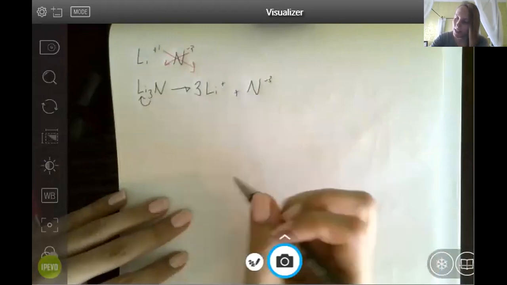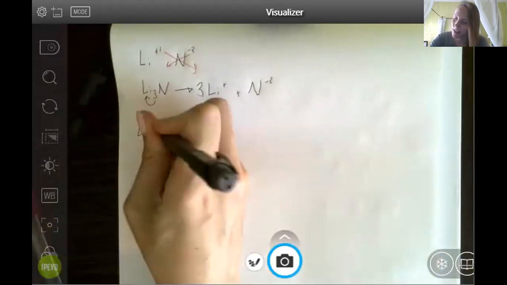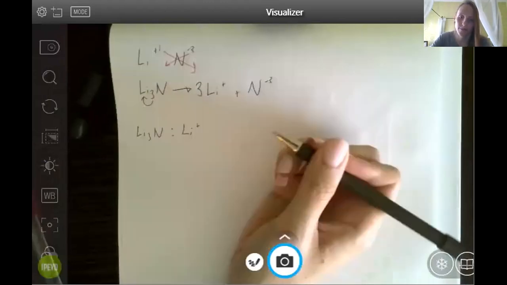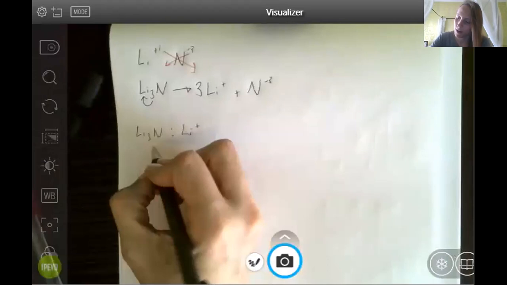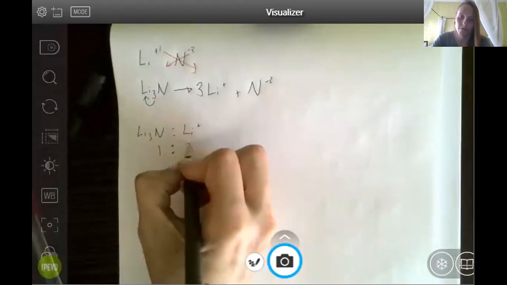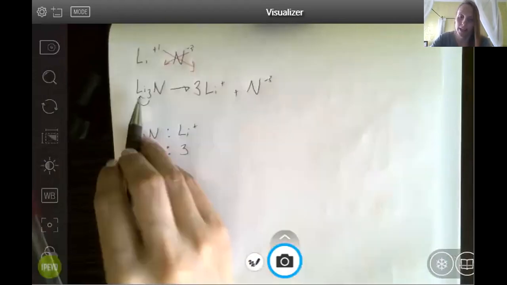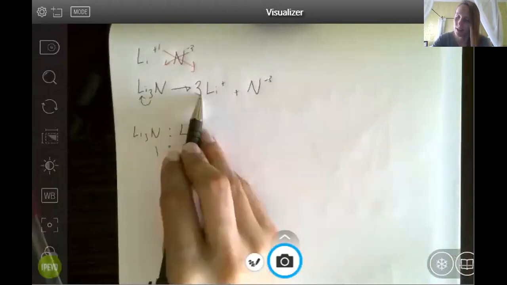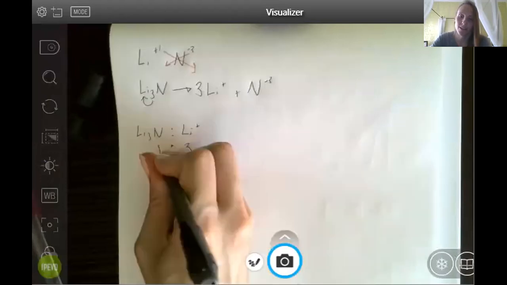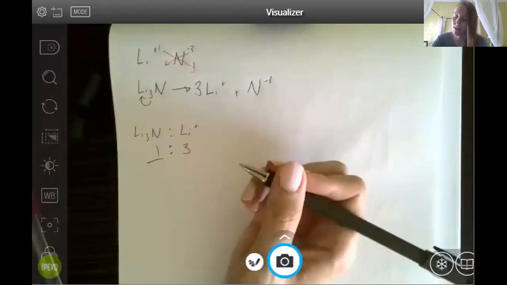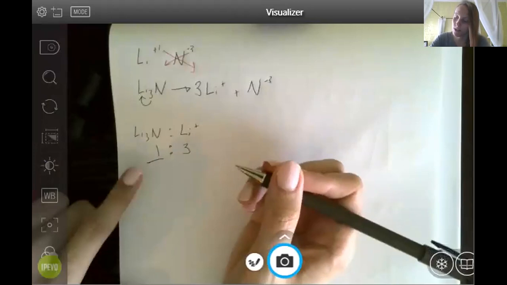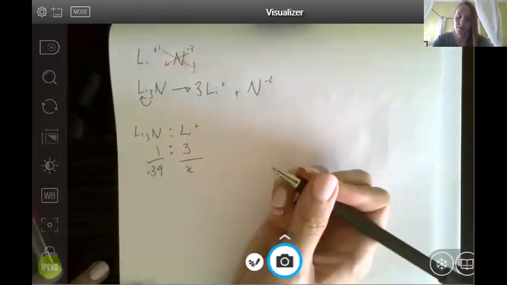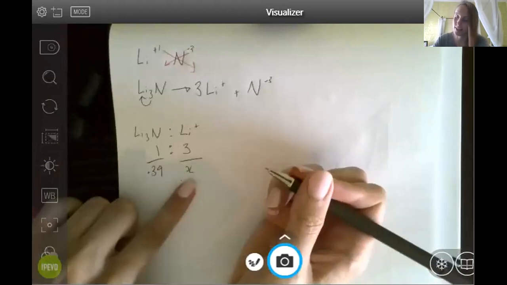So between lithium nitride and the lithium ion, that is a 1:3 ratio, because there would be an imaginary 1 in front of the lithium nitride and there's a 3 in front of the lithium. Then I'm going to write the concentration of the lithium nitride, which I was given in the question. It's 0.39. And I'm trying to figure out what the concentration of this ion is.